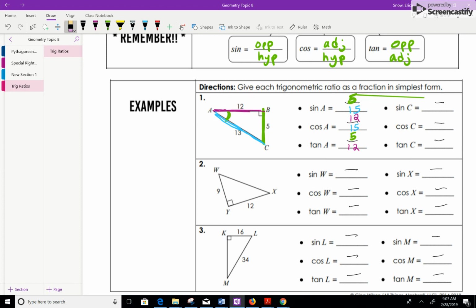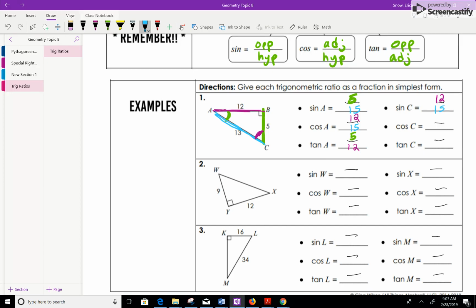Okay, so now let's look at C. I am going to label C with that purple so that the opposite side corresponds to the color of the angle, so you can see it a little bit better. So this side opposite C is 12. This side, the hypotenuse, stays 15.